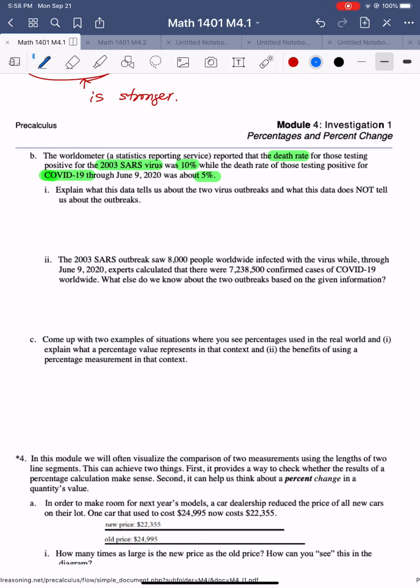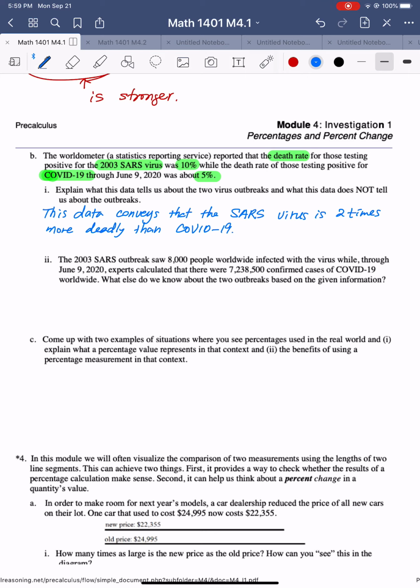So it looks like this data conveys that the SARS virus is 2 times more deadly than COVID-19, right? Because the SARS death rate is 10%, and COVID-19 is 5%.